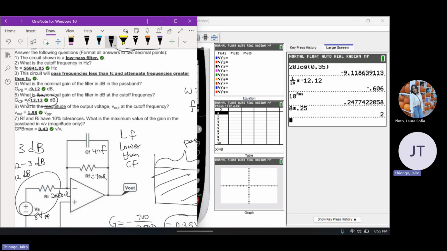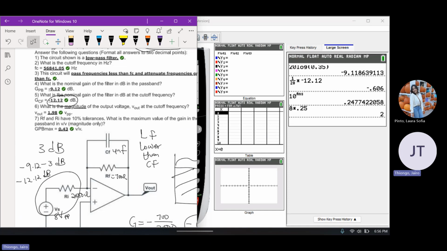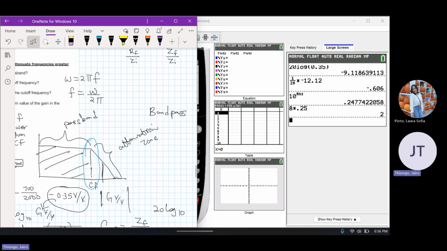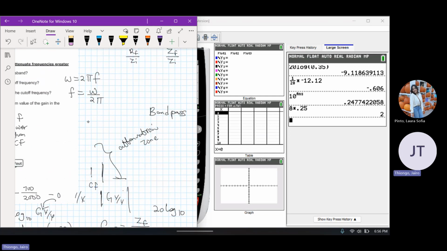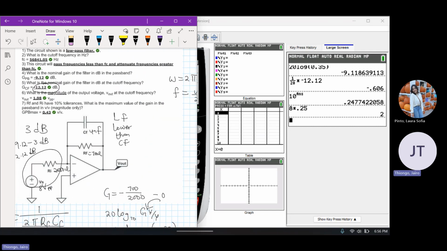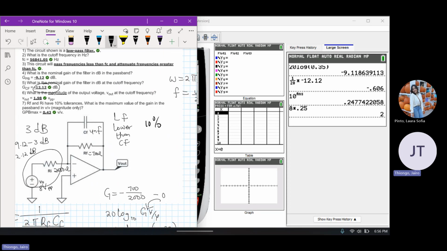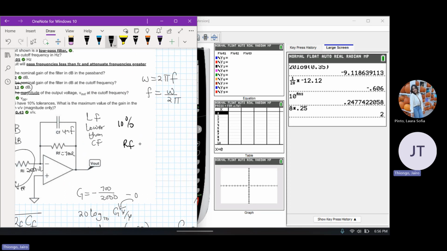So RF and RI have 10% tolerance. What it's trying to say here is that it can go up to, say, the nominal value. I'm going to delete some of these to make space. 10% tolerance means, let's say RF is set at, say, 2.